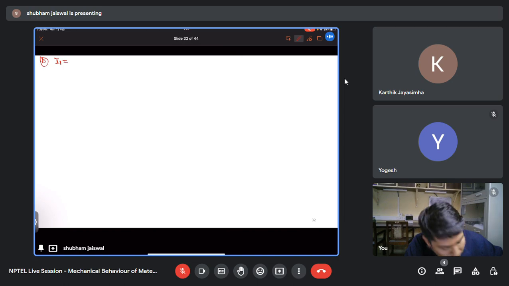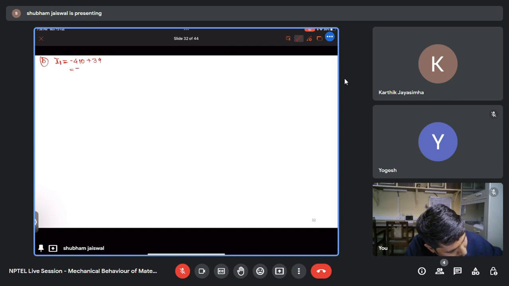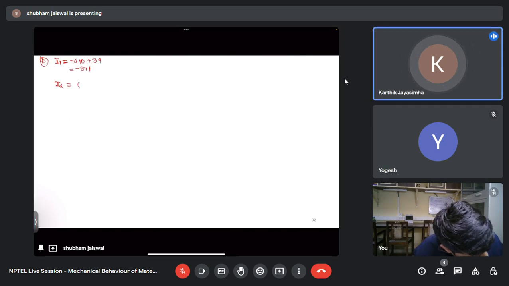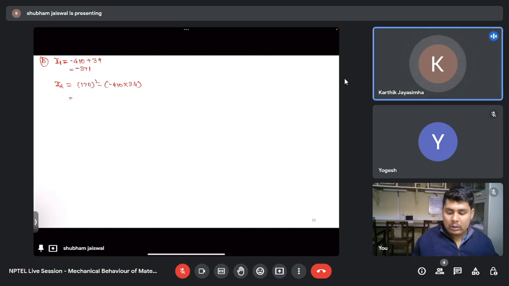Now for B, I1 comes out to be 410 plus 34. It comes out minus 371. Sorry, this is minus 371. I2 is how much? 170 squared minus of minus 410 into 34.